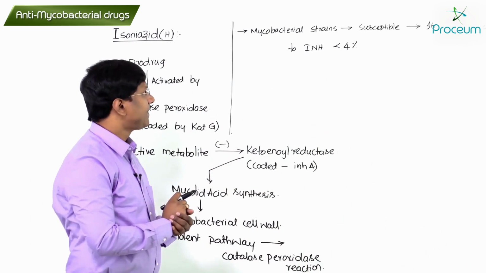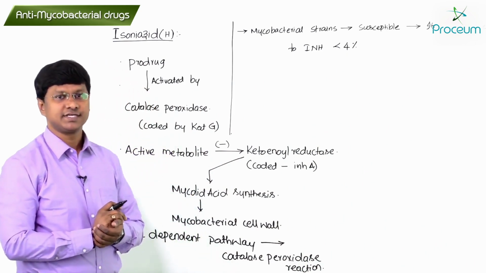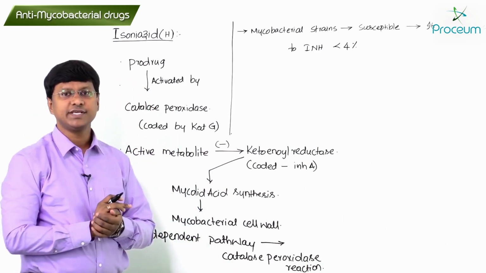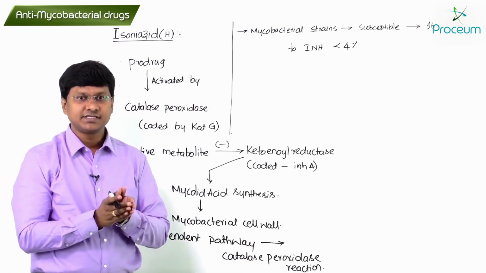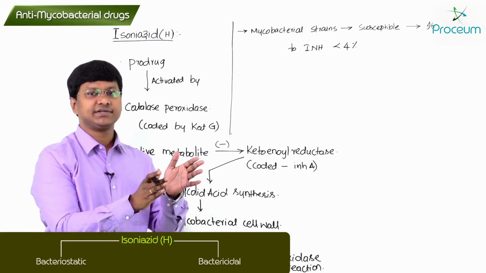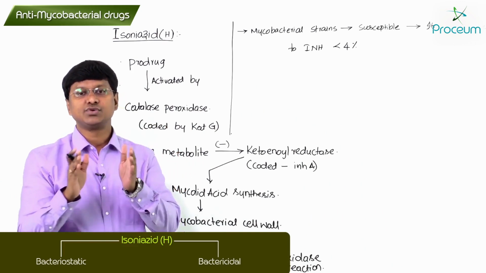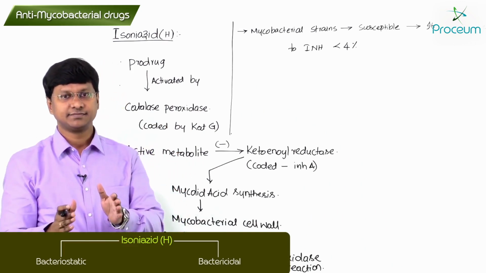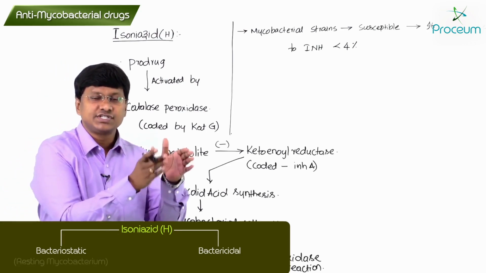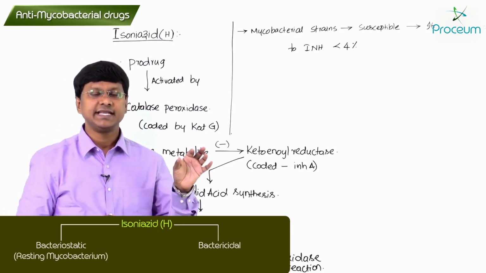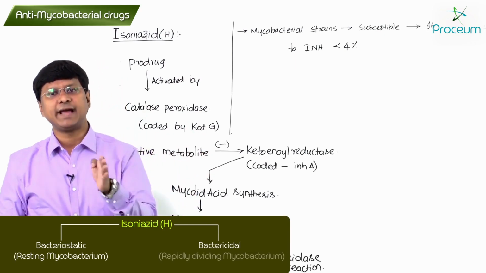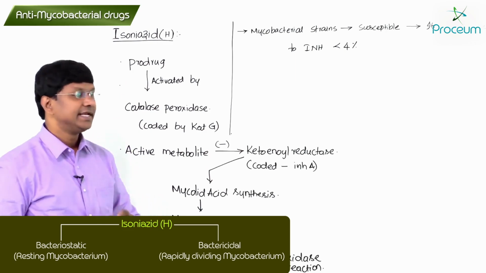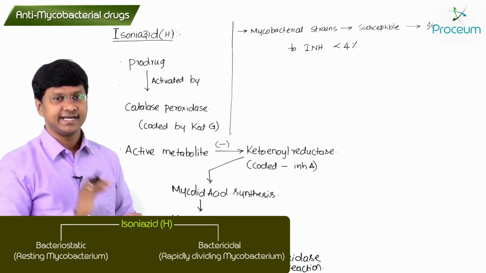Alright, next. Another very important point is that isoniazid acts in both ways. It is a bacteriostatic drug as well as a bactericidal drug. In resting tuberculous organisms, it acts as a bacteriostatic agent, whereas in rapidly multiplying organisms, it acts as a bactericidal agent.